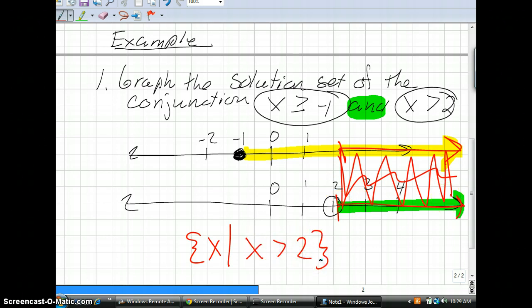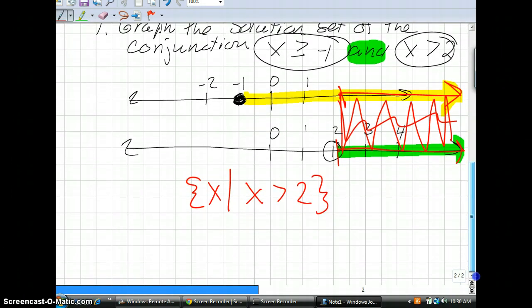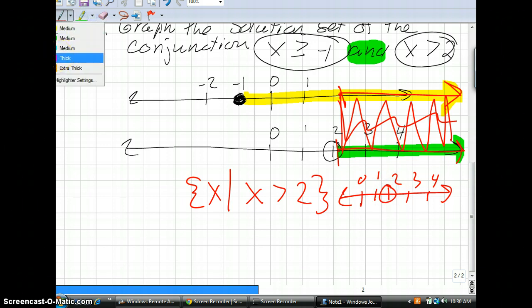Now I will say that this is one of the unusual conjunctions. It's not how conjunctions usually look, but these can happen. Okay, and so a picture of the solution would be an open circle on 2 and an arrow going that way. That would be the graph picture.